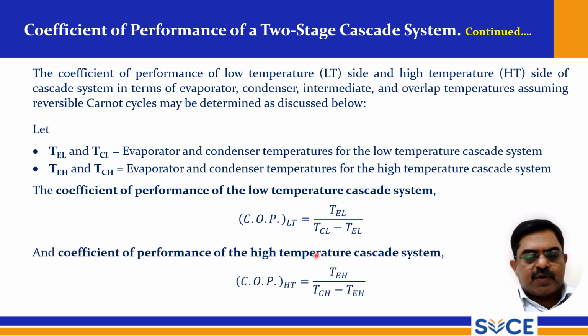The coefficient of performance of the high temperature cascade system is the same as LT: TEH divided by (TCH minus TEH). So here, in a high temperature cycle, we have evaporator temperature divided by condenser temperature minus evaporator temperature.